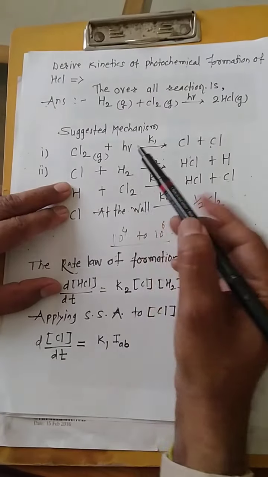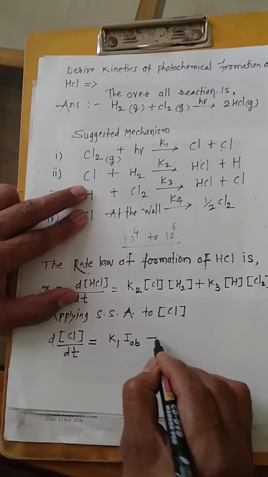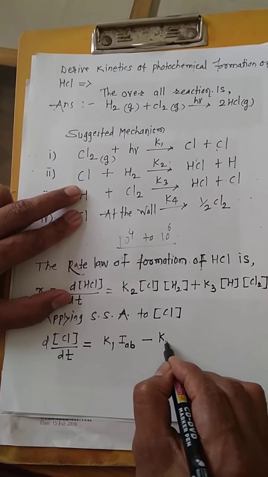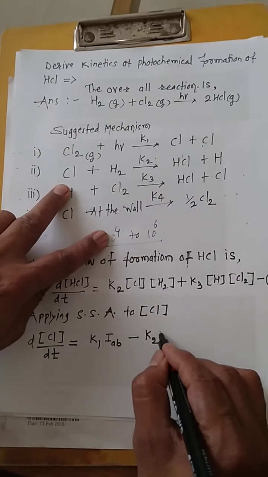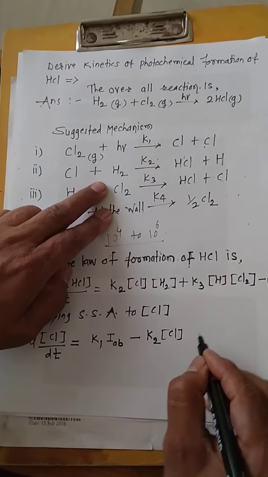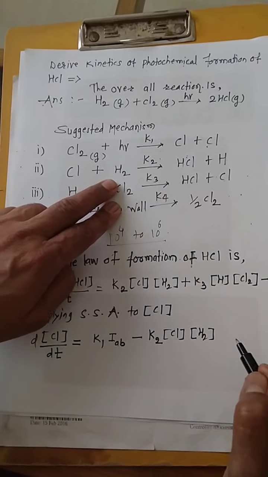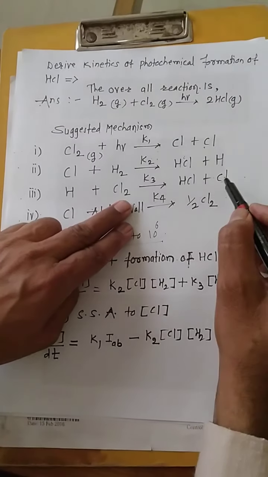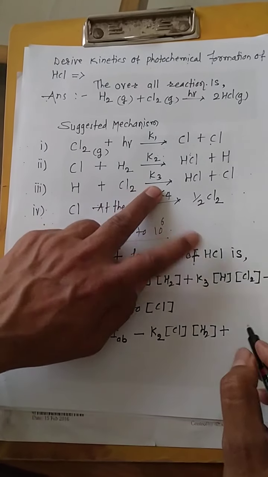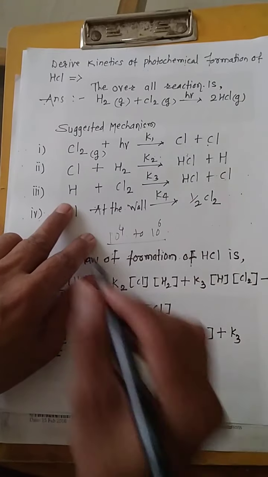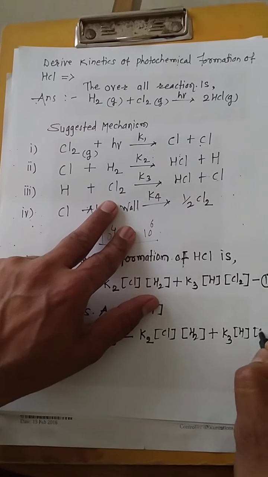Now here the Cl species is consumed, so you have to write minus sign, minus rate constant K2, concentration of Cl in one bracket, concentration of H2 in another. Then again here it is present in the product, so you write plus sign K3, with reactant species concentration of H and concentration of Cl2.